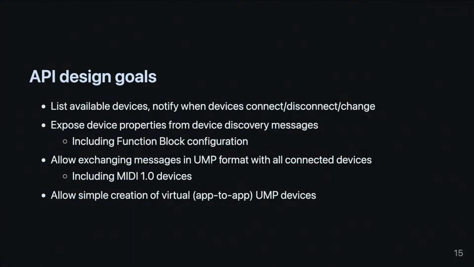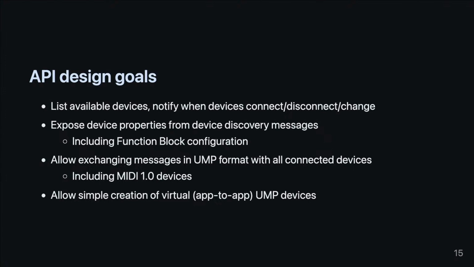So the requirements that we have for the work in Juice: we want to be able to list available devices. So this should be devices that support UMP, but also older MIDI 1 devices, so that we have one unified API that you can use to talk to any MIDI device. We want to be able to take some kind of action when devices change, when they get plugged in or unplugged. We want to expose all of the new information that's now available from the discovery process, such as the function block configuration.